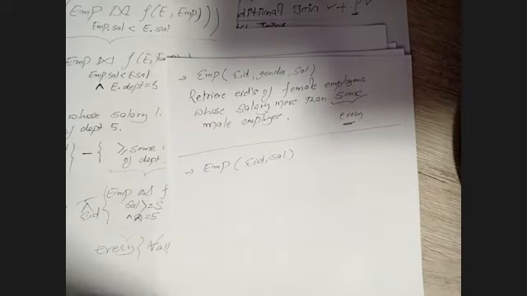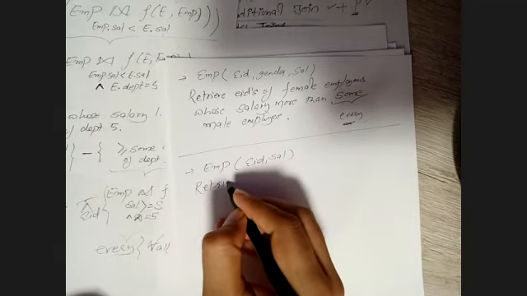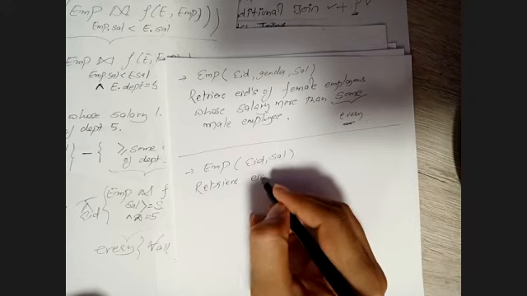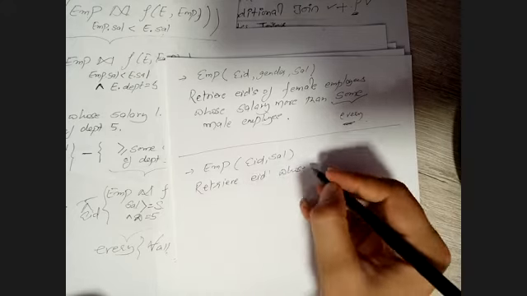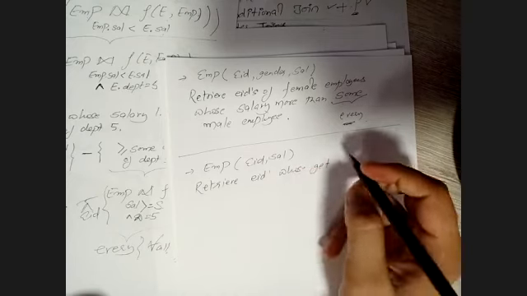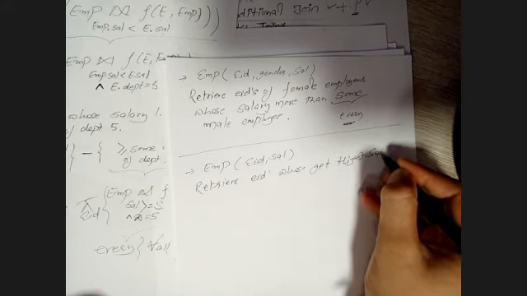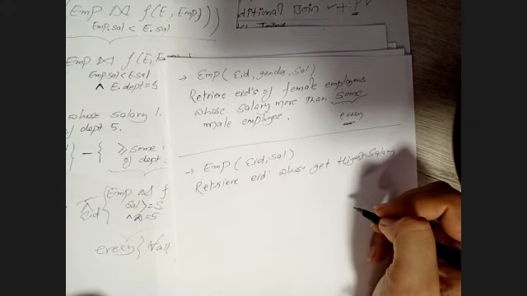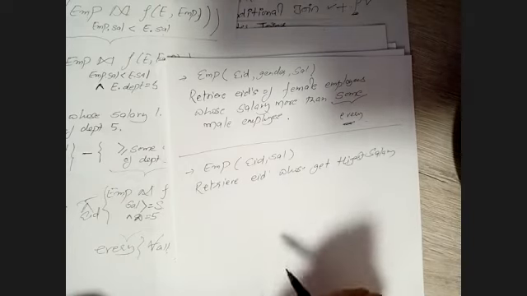So what sometimes the question says is, you need to retrieve, don't get confused, EIDs who get the highest salary. That is, the maximum salary. Yes or no? Right. So we need to retrieve the employees' EID who get the highest salary.